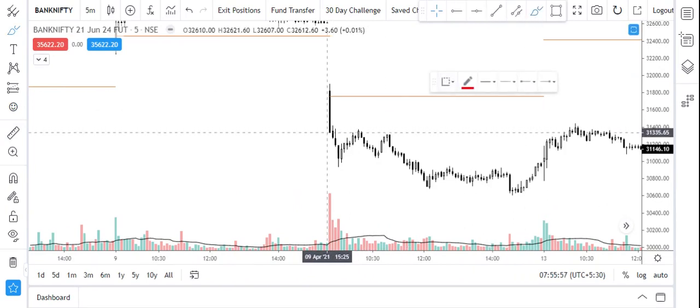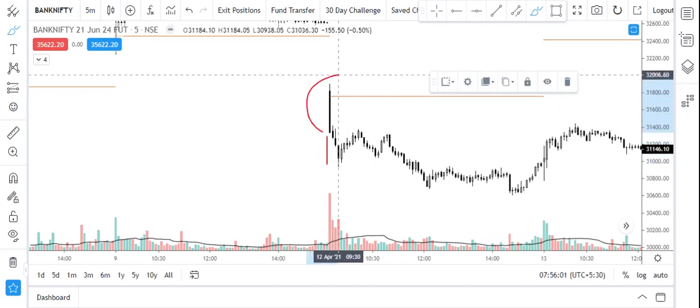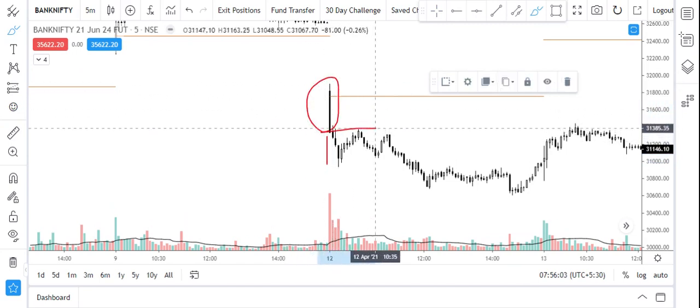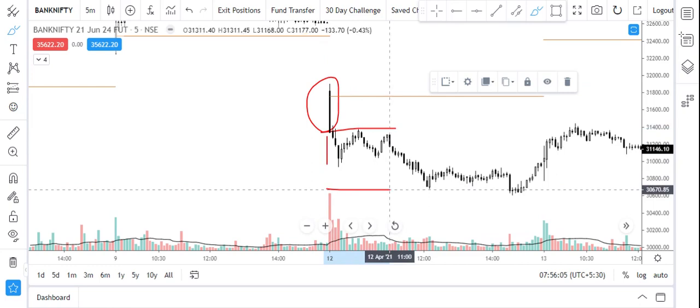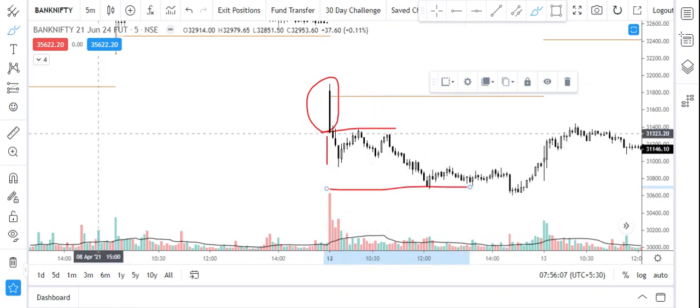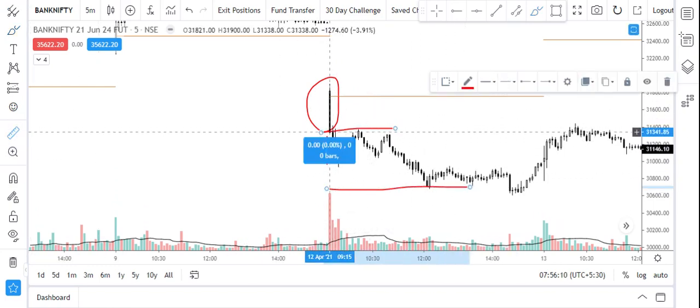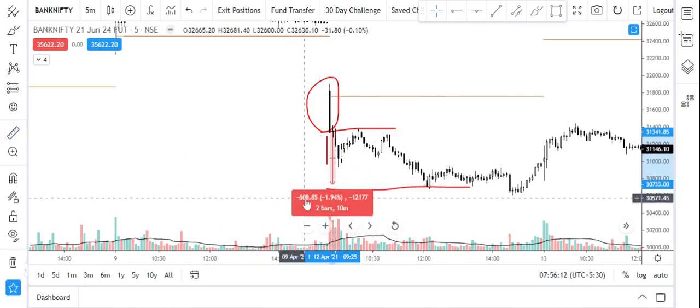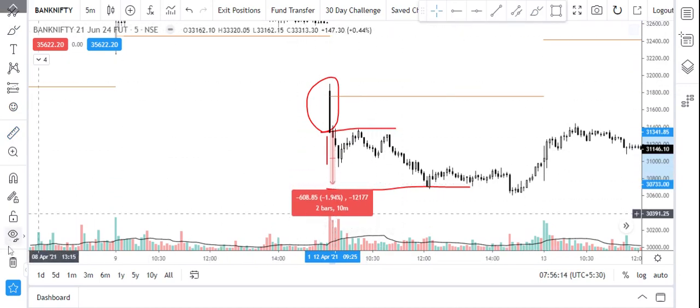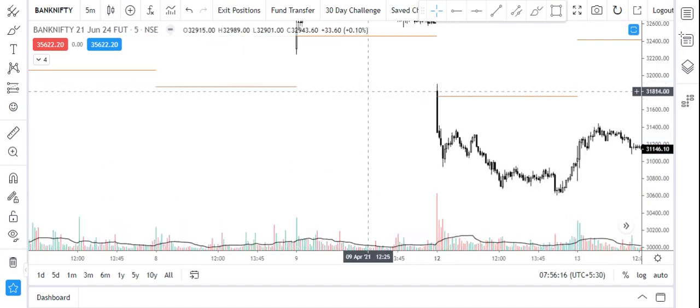So we can still trade this with limited risk, because the big move has already happened in the first candle. We'll take half quantity with half the risk, and we'll trail our positions and try to capture as much as possible. After this first 5 minutes, it still gave around a 600 point move, which is fair enough. We can at least capture 400 points out of it.